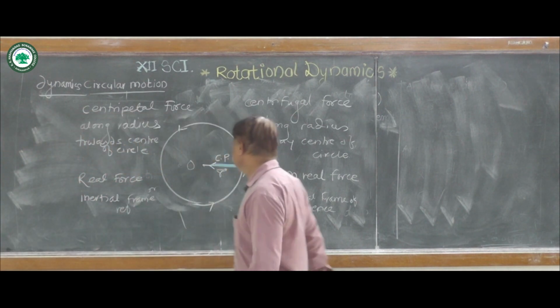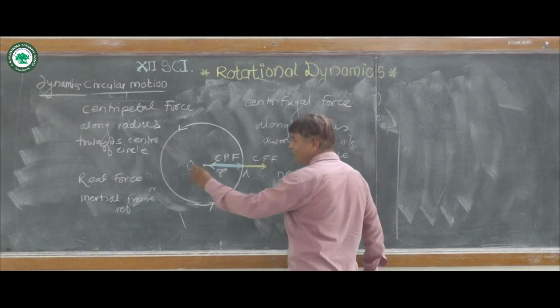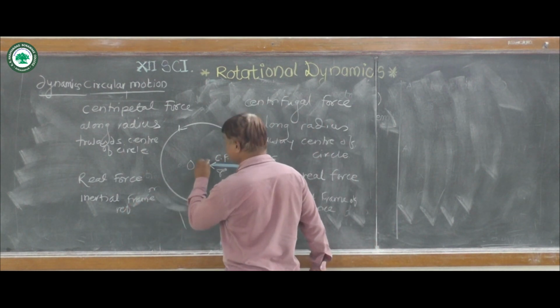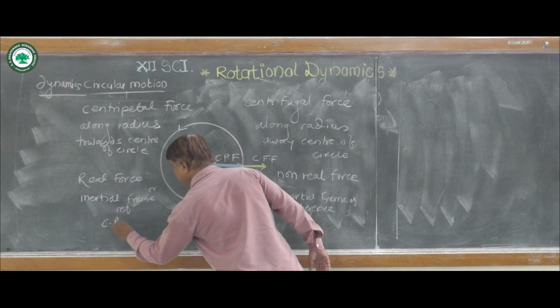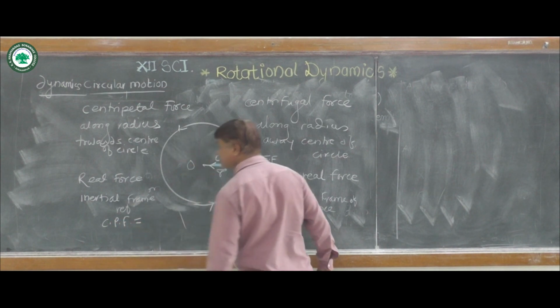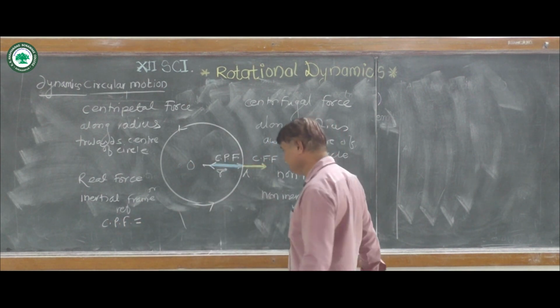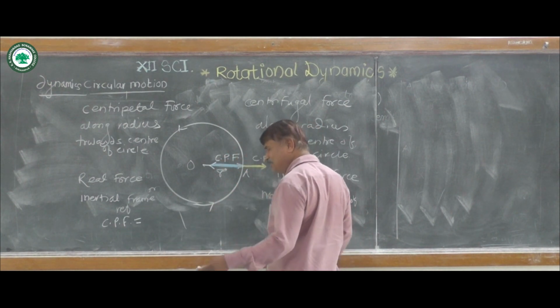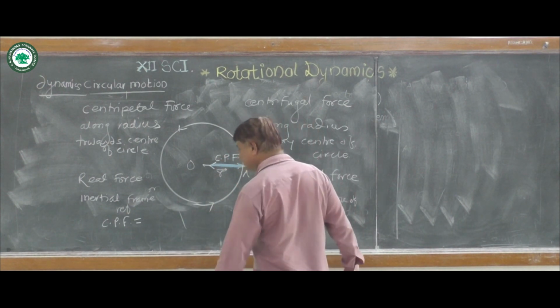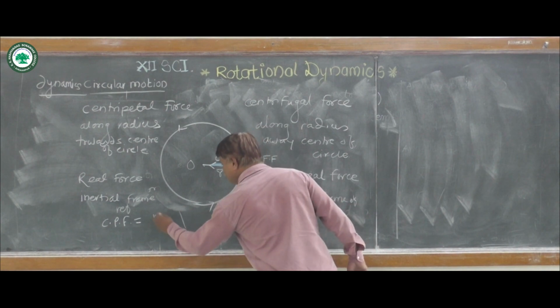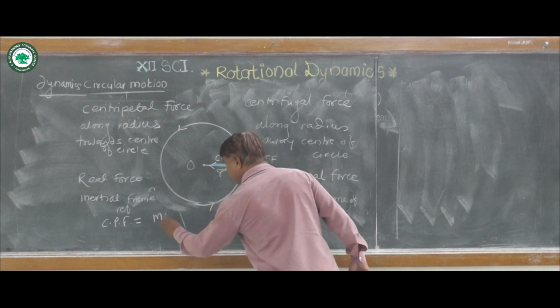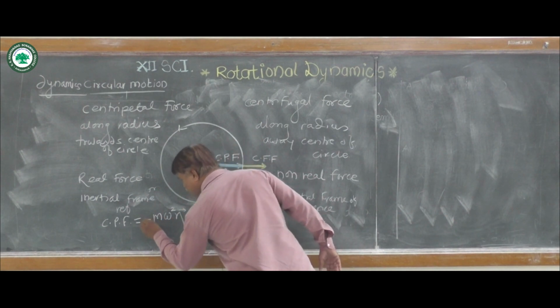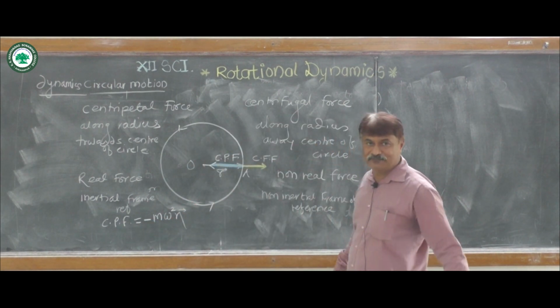And last point, with the help of this, we can write the vector form of centripetal force. Centripetal force depends upon radial or centripetal acceleration, and mass into acceleration is the force. Therefore, we write mass into centripetal acceleration, minus m omega square r bar. It is directed toward the center, therefore it is negative.